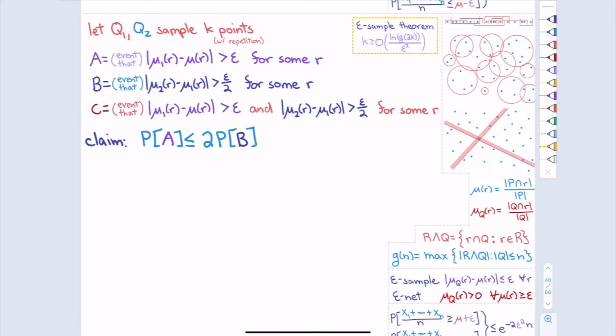But the claim is that our bad event is bounded above by 2 times the probability of B, which is the event that mu1 and mu2 disagree on some R. Does the claim make sense? Does the claim not make sense?